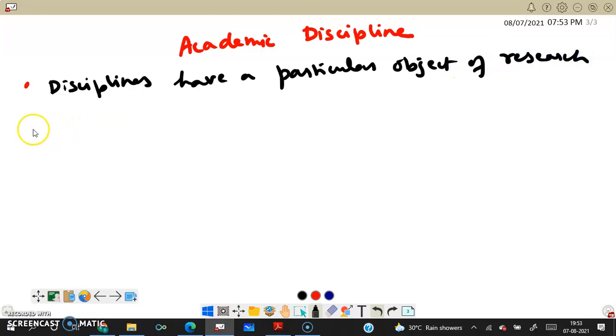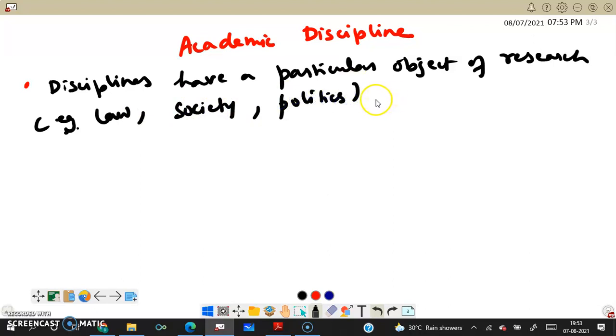For example, we can give the examples of law, society, politics. Though the object of research may sometimes be shared with other disciplines also.